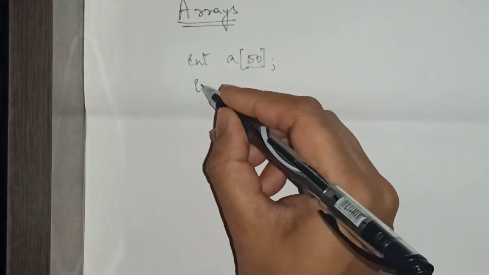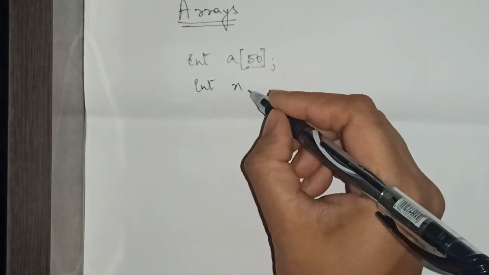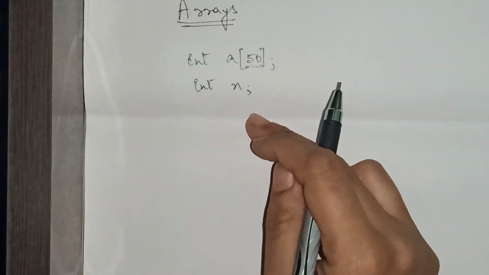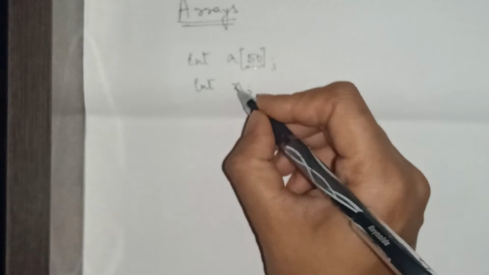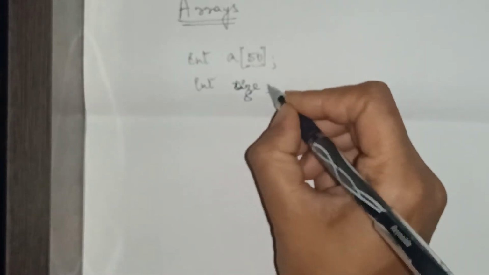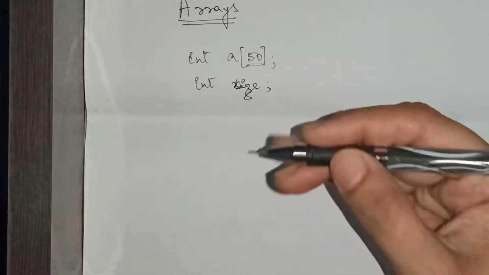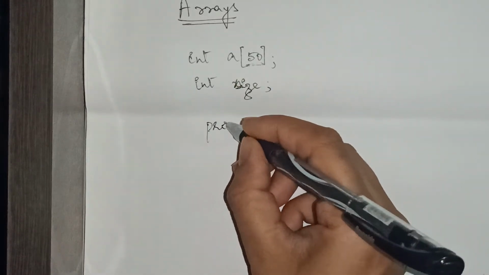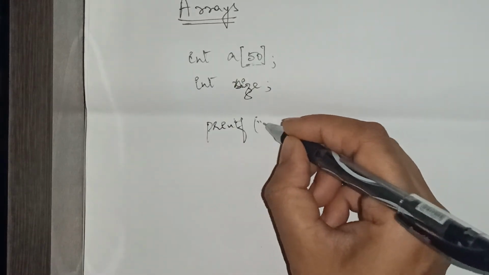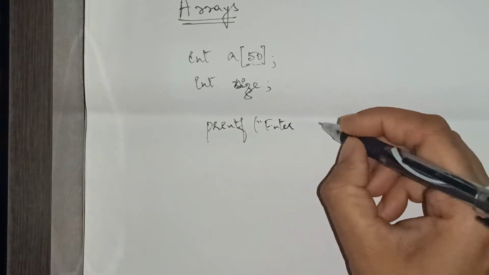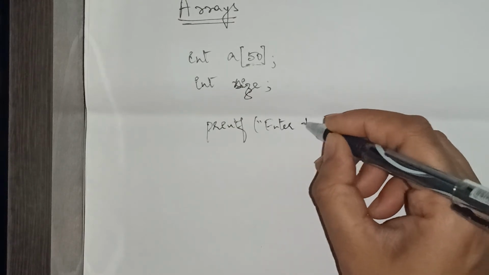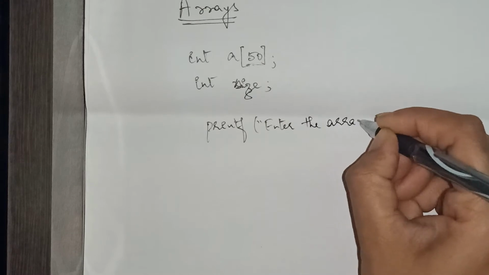So always have n, or size is what n will store. Or if you're getting confused, let me have a variable named size itself. While you are reading the array elements, prompt the user to enter the array size.